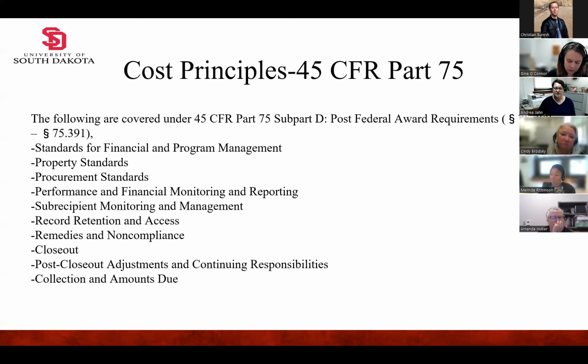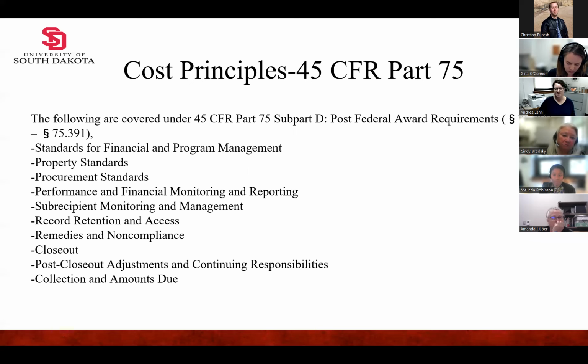Within it, there are the guidelines for what is allowable, what is not allowable, and what may be questions about indirects. It's got a wealth of information that can deal specifically with certain purchases or questions you may have, certain expenses.